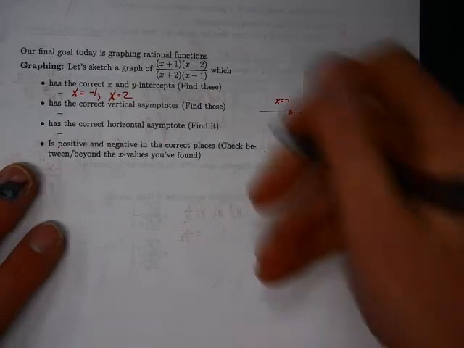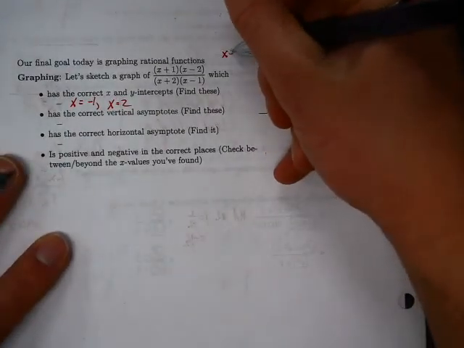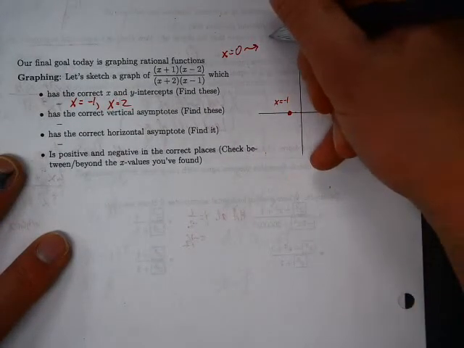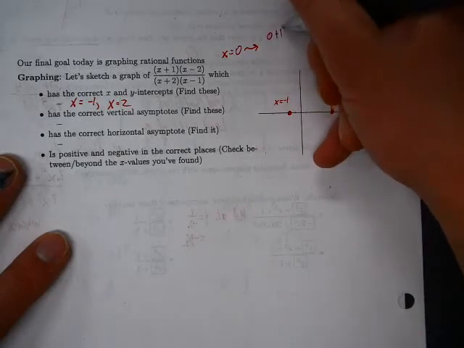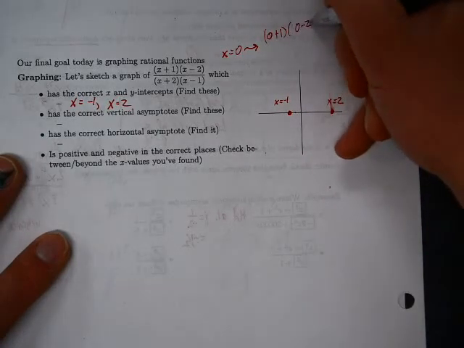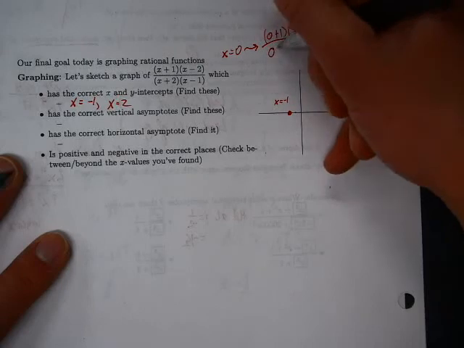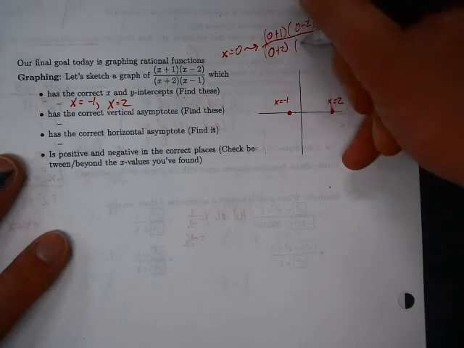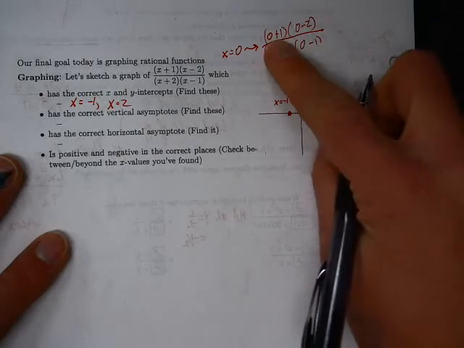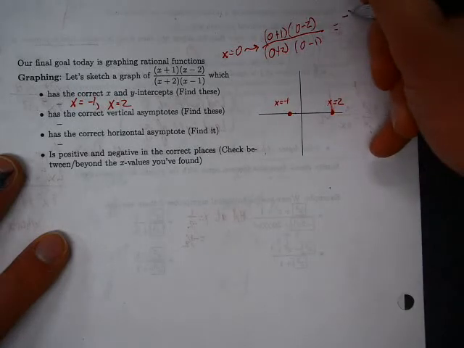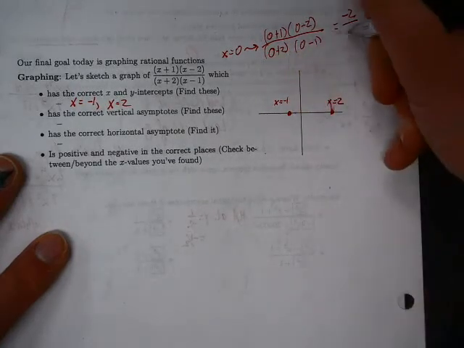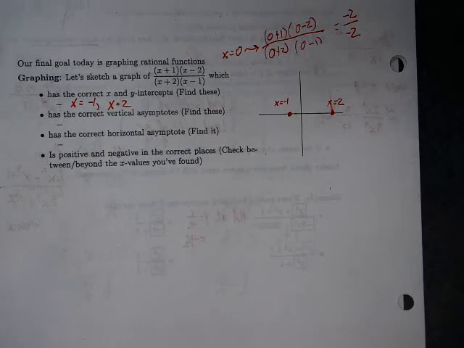That's for anything. So if you plug in x equals 0, let's see what we get. 0 plus 1, that's 1. 0 minus 2, that's negative 2. Divided by 0 plus 2 times 0 minus 1. So that's 1 times negative 2 is negative 2, divided by 2 times negative 1 is negative 2. What's that equal to? 1. Not negative 1.